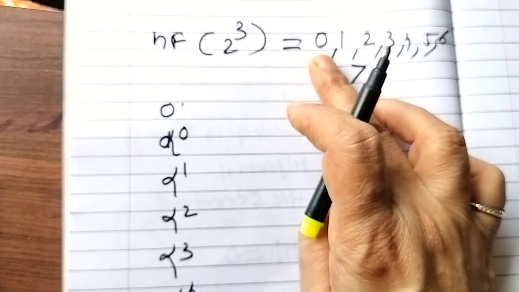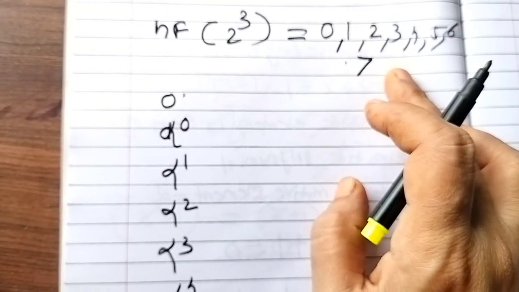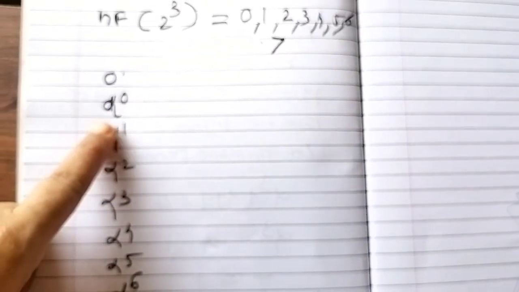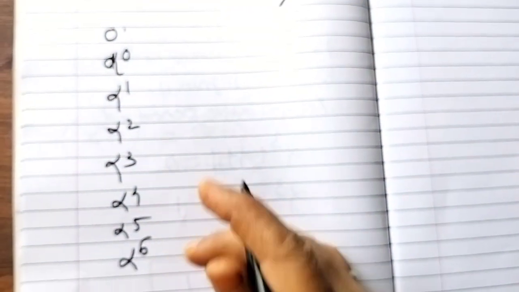Instead of writing 0 to 7, we want to generalize the extension field, so we have represented it in terms of powers of the primitive element. So 8 elements are there, and these are the elements of the extension field.